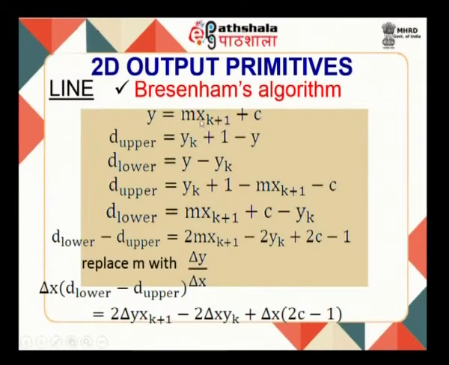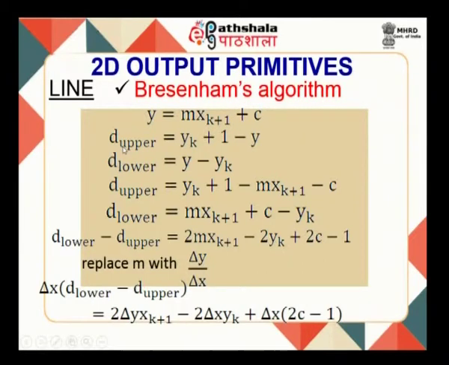for a line. Here this is the theoretical y value, and in the place of x it is xk plus 1. So, xk plus 1 is the current x position for which we are computing the y position. So, that is why the k plus 1 is all in the suffix, and we know very well that xk plus 1 is nothing but xk plus 1.